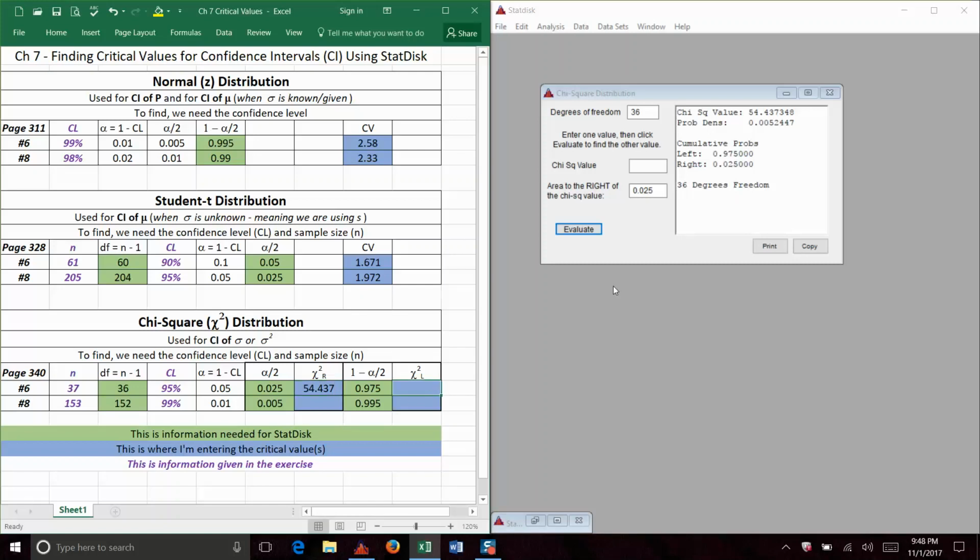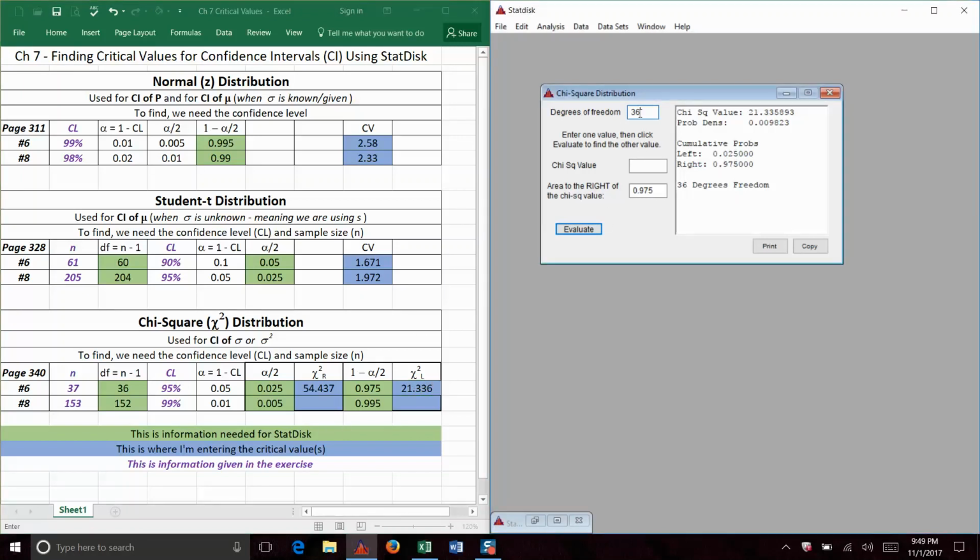And then to get the left critical value, we're going to have to put in that other value there, 0.975. Hit evaluate. And that one is 21.336.